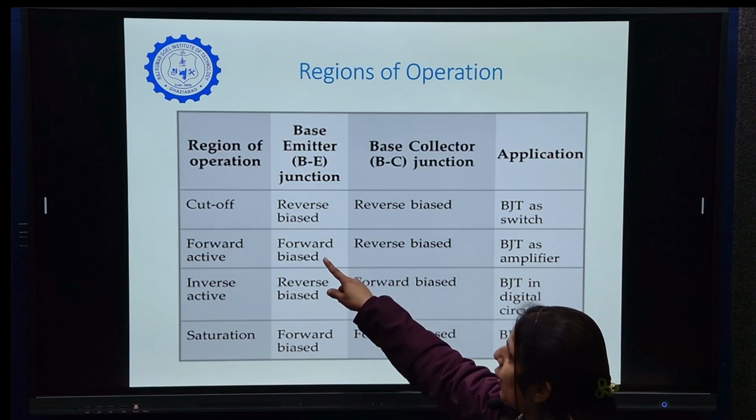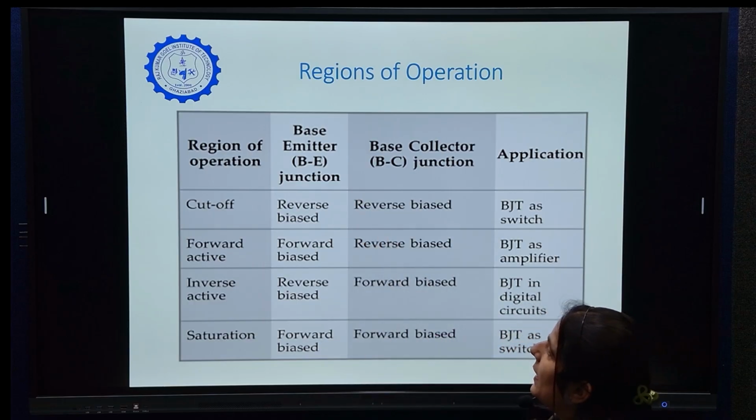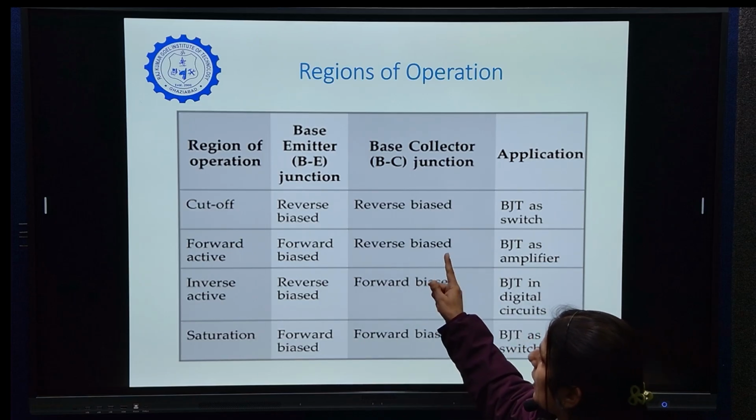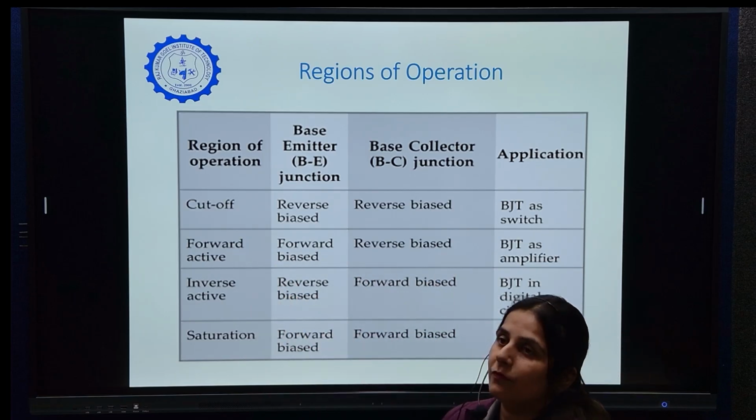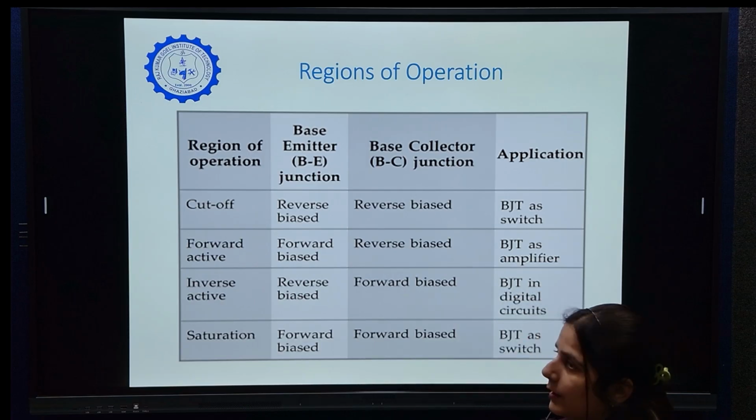When the base emitter junction is forward biased and the base collector junction is reverse biased, then the transistor works in the forward active region, and in that case the BJT works as an amplifier.